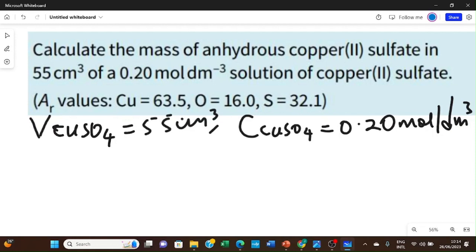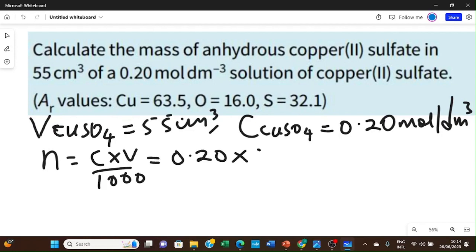Given the volume and the concentration, we need to look for the number of moles so we can get the mass. So number of moles is what? Concentration times volume over 1000, because the volume is in cm cube. So 0.20 times 55 over 1000.